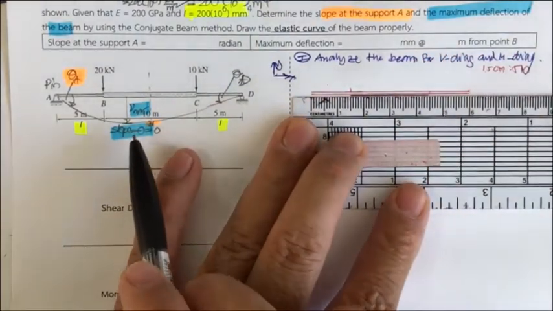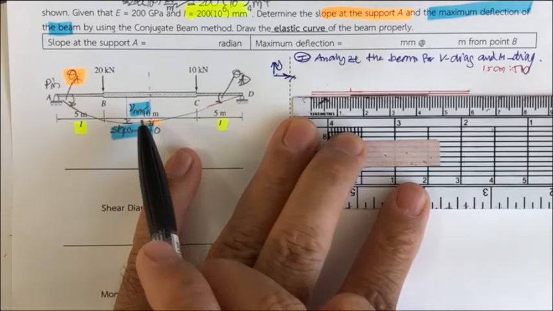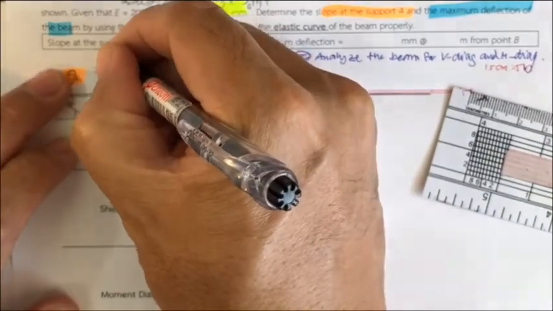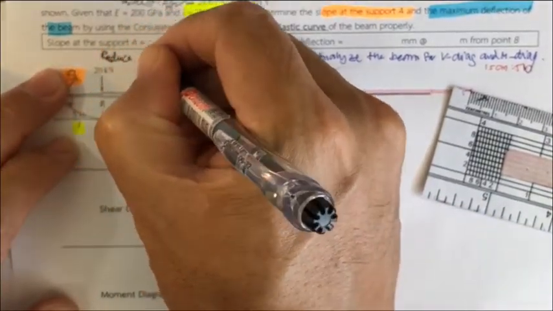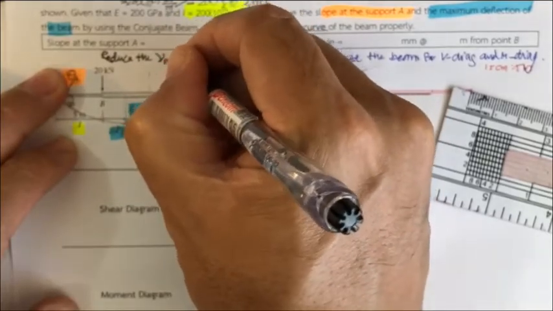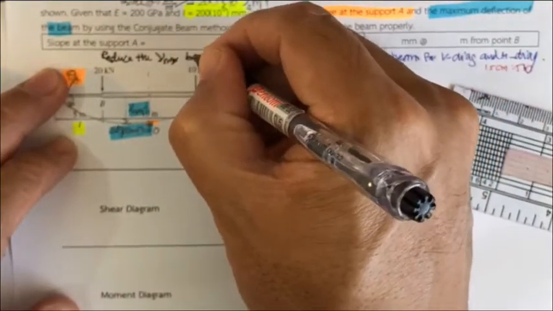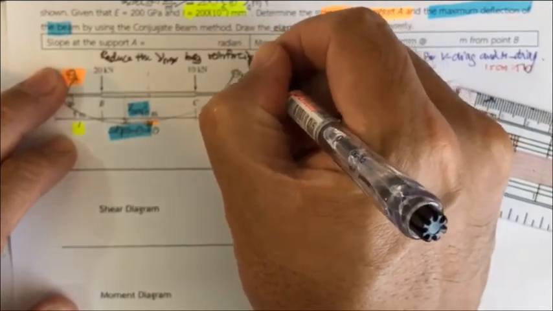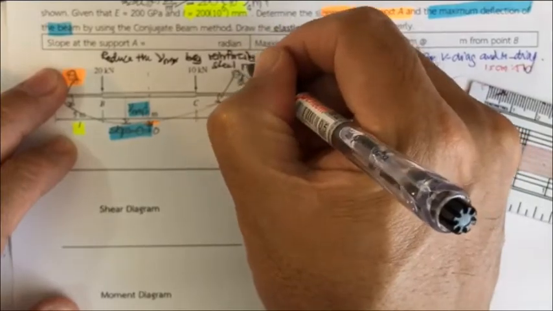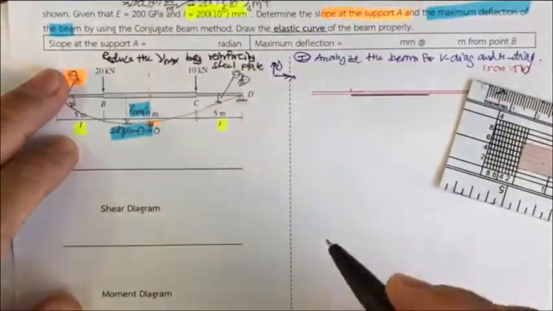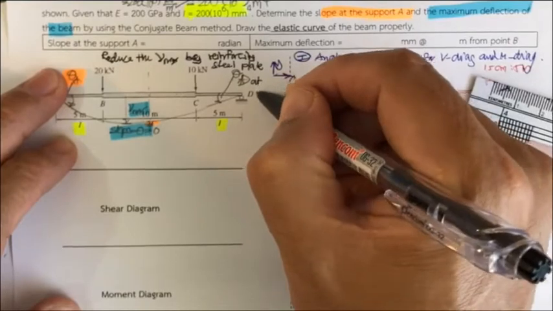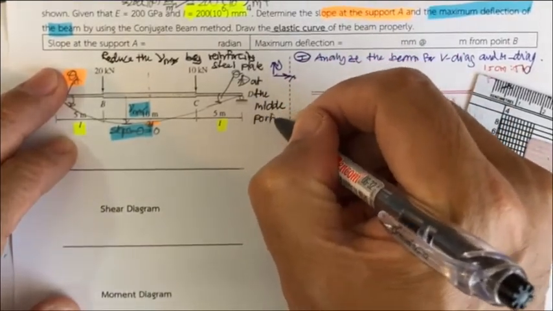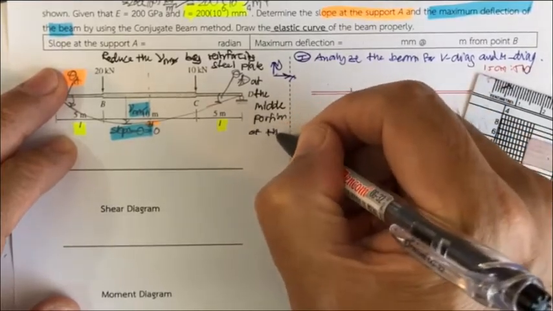Actually, in real applications, we may have this kind of beam because they like to reduce the Vmax by reinforcing with a steel plate, for example, at the middle portion of the beam.